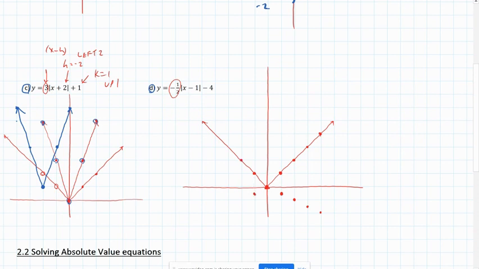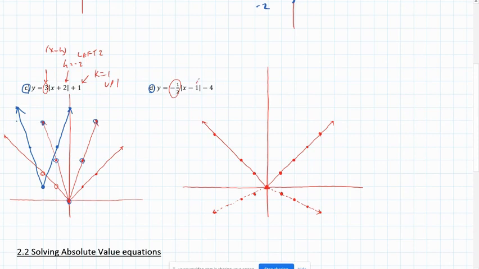This point has a y value of 2, becomes -1. This point has a y value of 4, becomes -2. And so now we see that when we apply the reflection and the compression of a factor of 1/2, we get that graph.